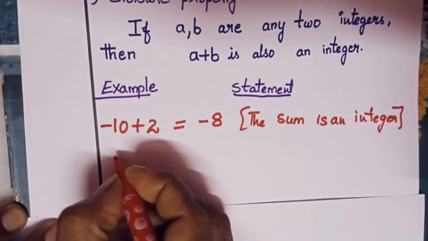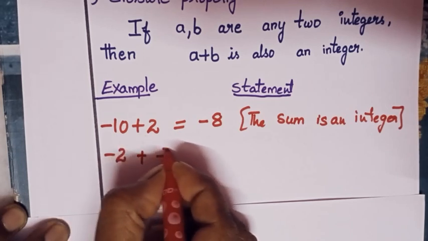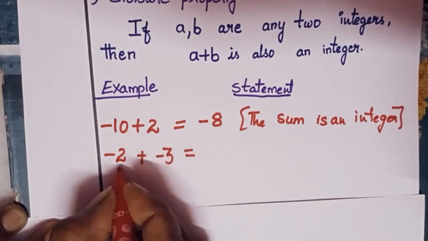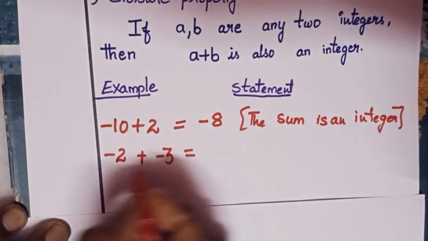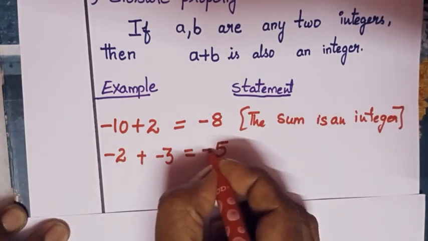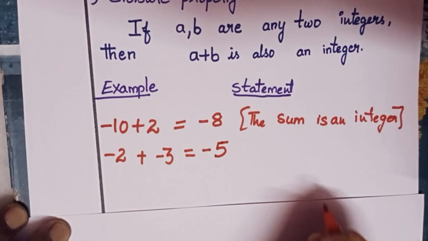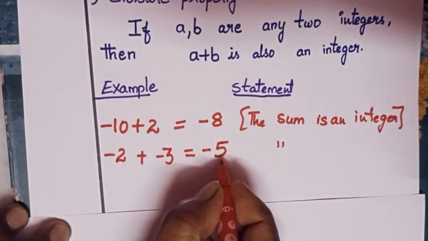Let us take one more example, children. Minus 2 plus of minus 3. Here we are taking two negative integers. Minus of minus, we have to do plus, addition. That is 5. 2 plus 3 is 5. But the bigger number's symbol is minus. So minus 5 is also an integer.